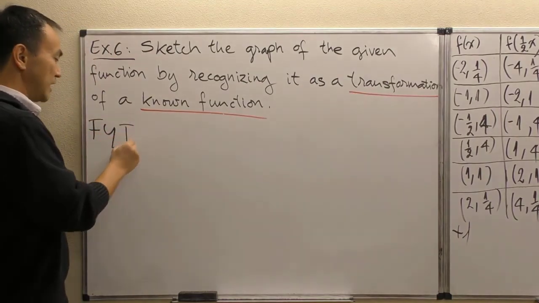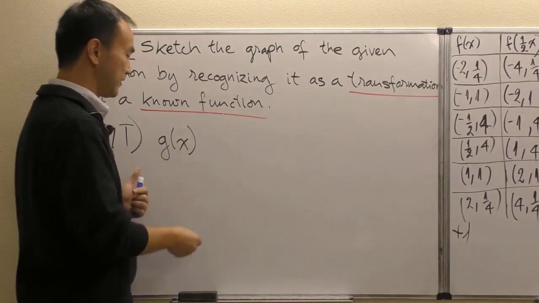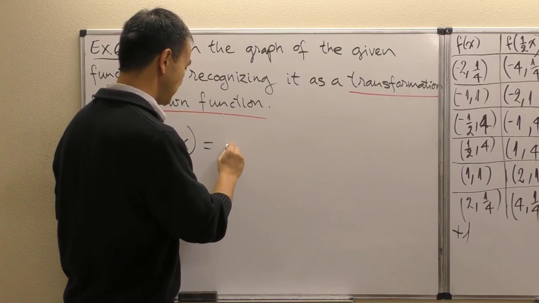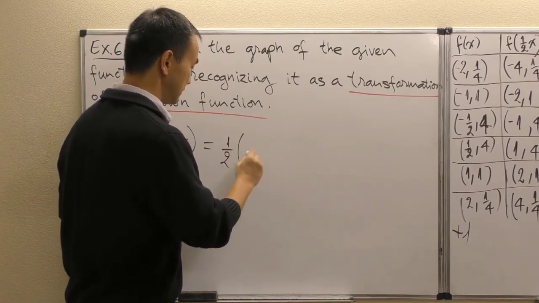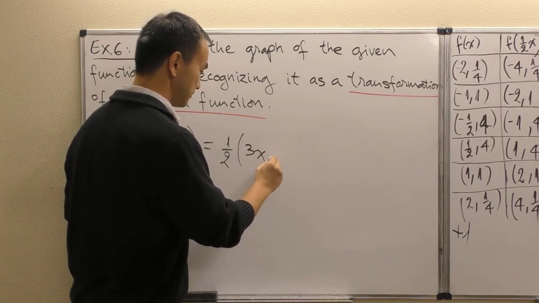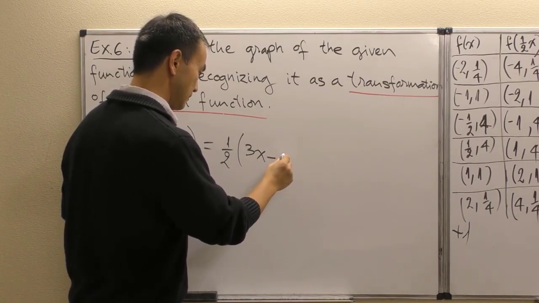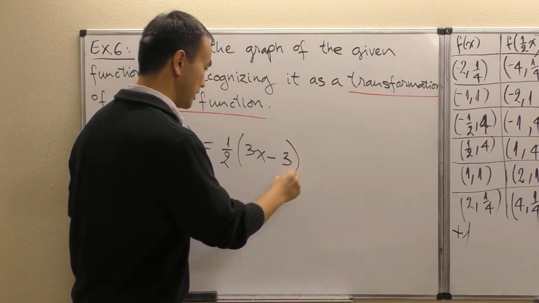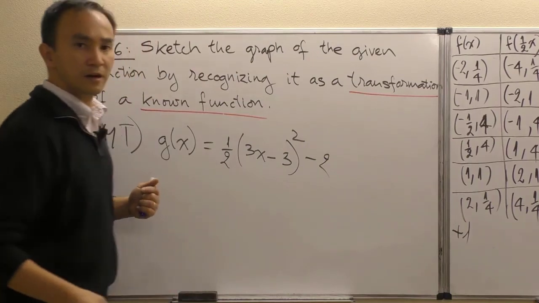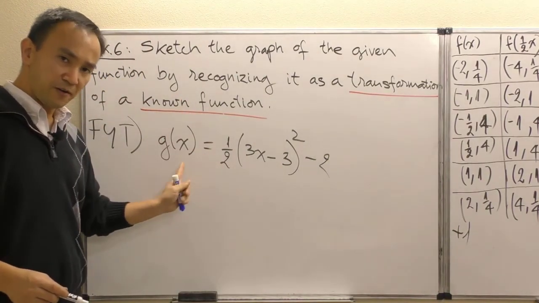So as an FYT here, I want you to sketch g of x to be 1/2 times (3x minus 3) squared, minus 2.